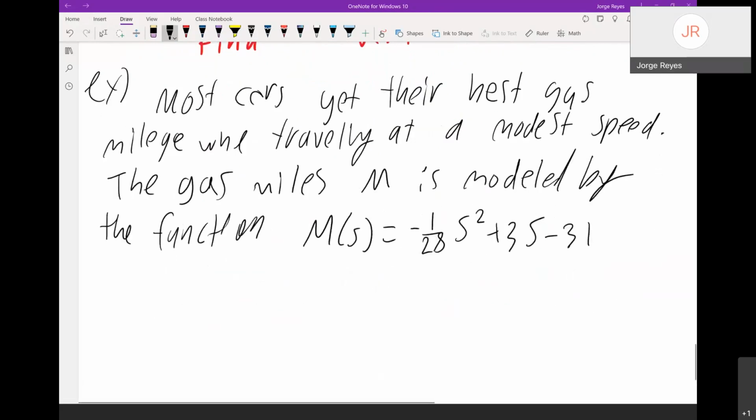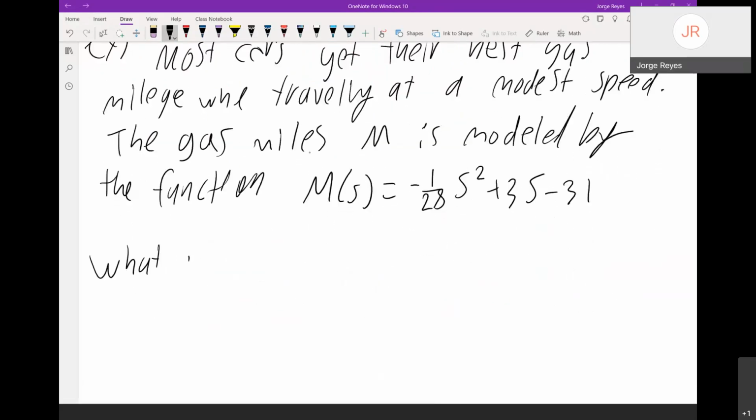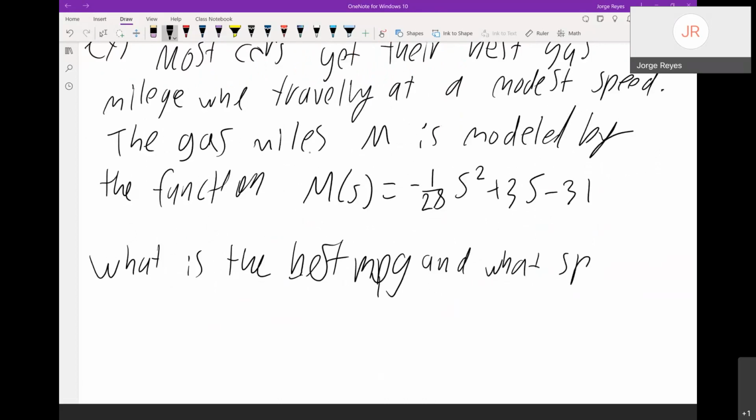What is the best MPG, and what speed gets that?